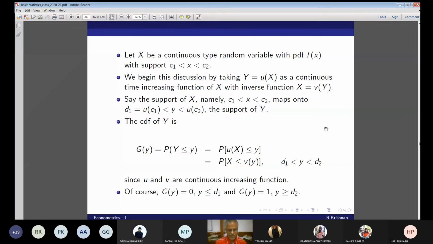To me this is the convincing answer to the probabilities at the boundaries. Gy was 0, nothing is there. Gy equal to 1, there's nothing to accumulate after the probability has reached 1. Does that make sense?